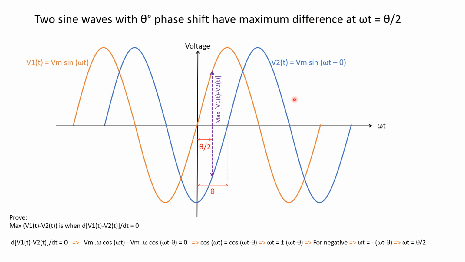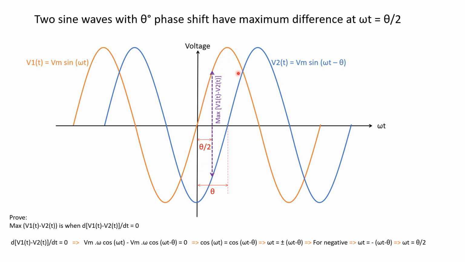Let's say two sides of the breaker, we have two sine waves, just random sine waves. They have a phase shift to each other equal to theta. So we can actually prove that at the theta divided by 2 point, we have a maximum difference between the two phases.